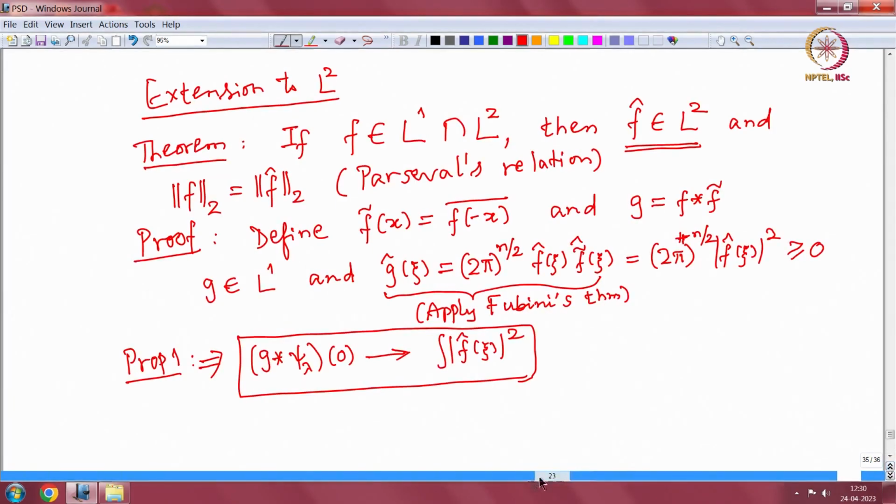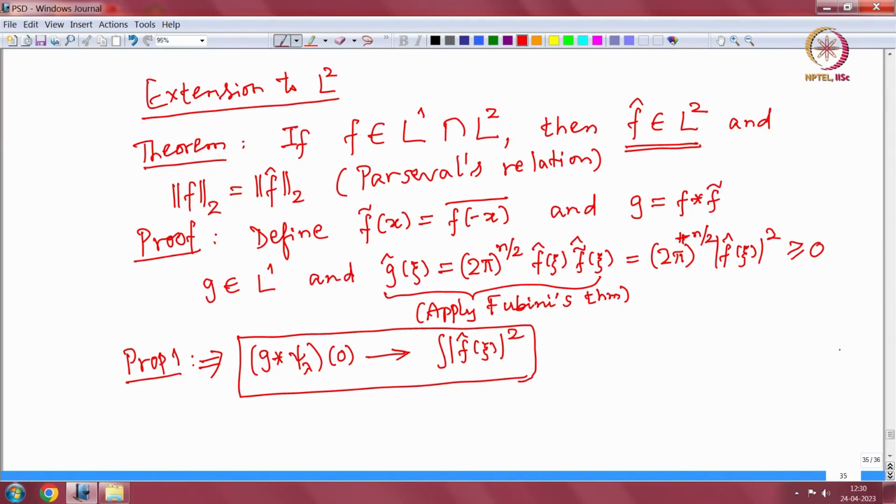On the other hand, now we again compute this g. Since g is in L1, we also have this, and g cap is in L1, because g is the convolution of two L1 functions.